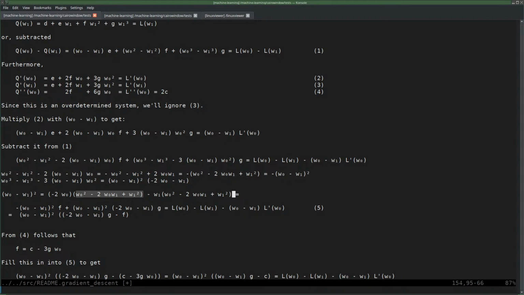Right, so this times W1, I don't like the minus there, so let's distribute the minus. Now let's first put the W1 in. W1 times that, and then W1 times this, and this times W1.